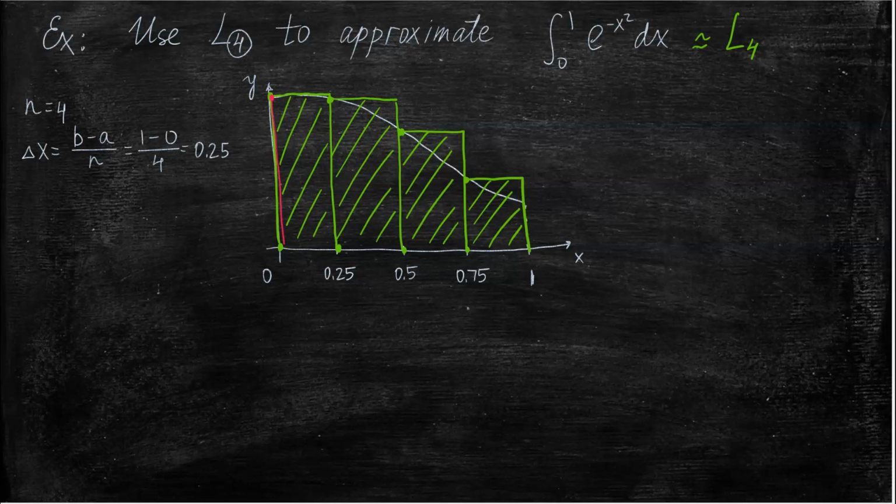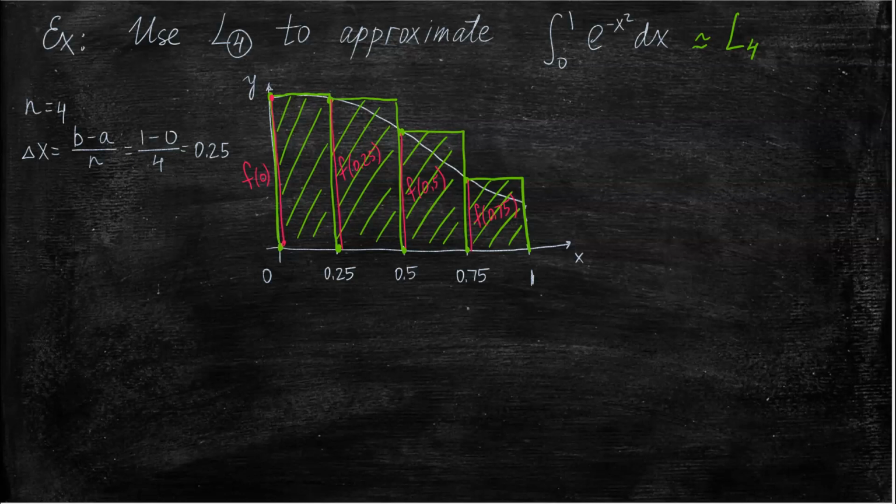So this line segment is equal to f of 0. This line segment is f of 0.25. This line segment is equal to f of 0.5, and this line segment is equal to f of 0.75.